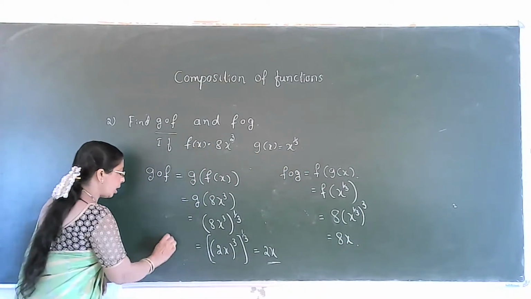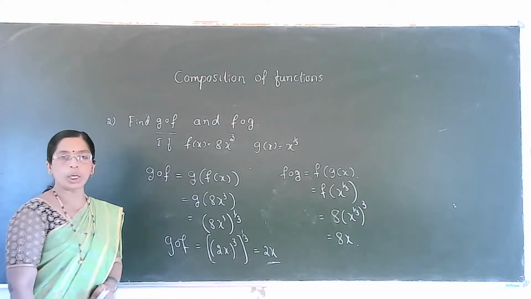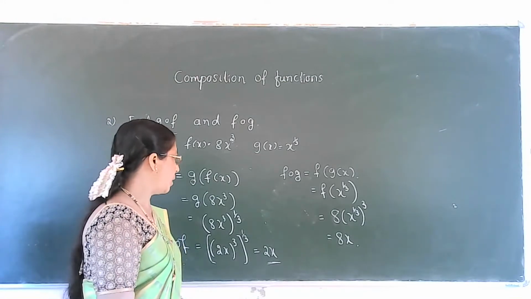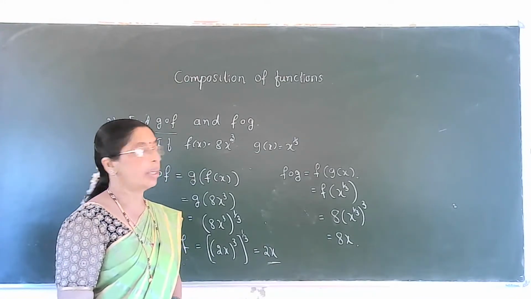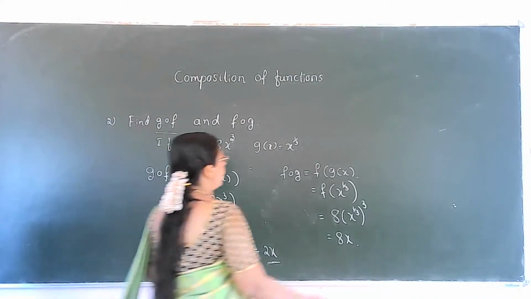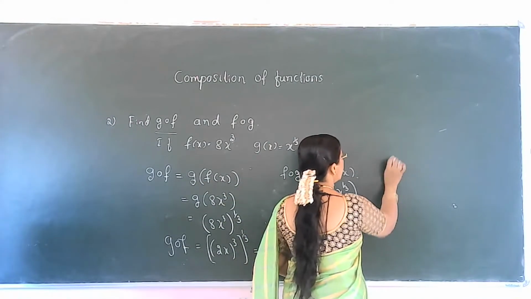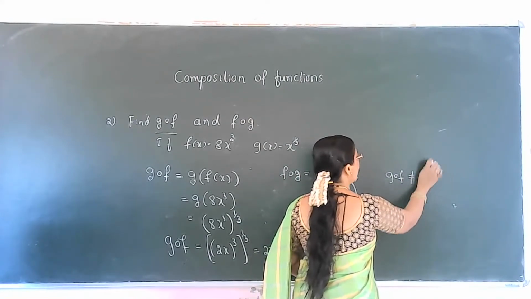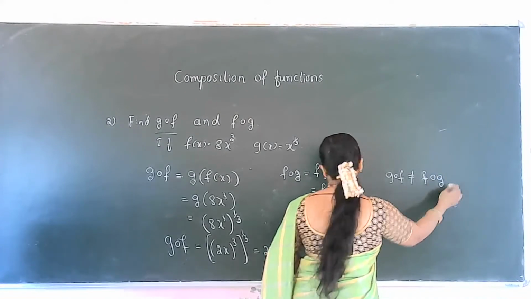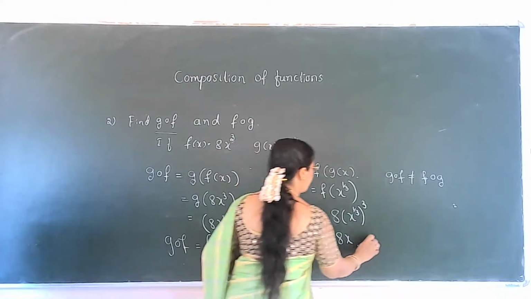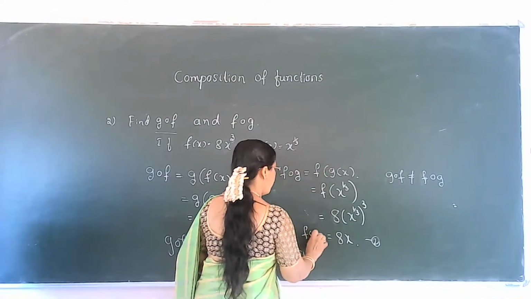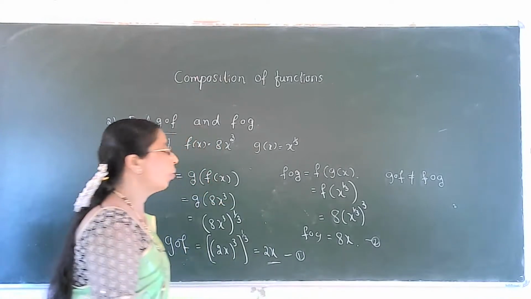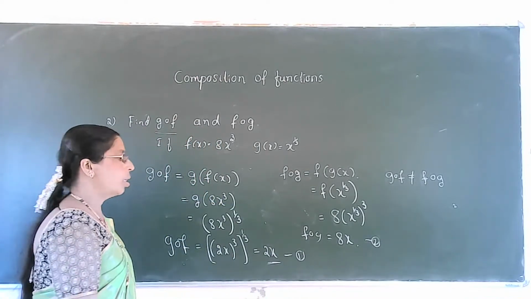Here, g composition of f is equal to 2x and f composition of g is equal to 8x. Here also, from 1 and 2, we get g composition of f is not equal to f composition of g.